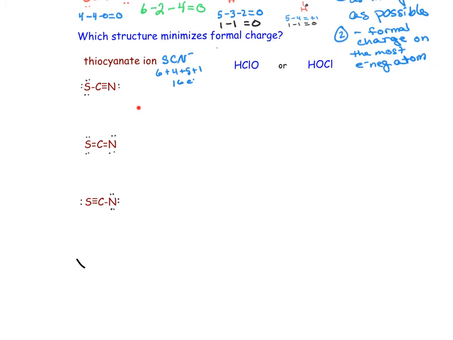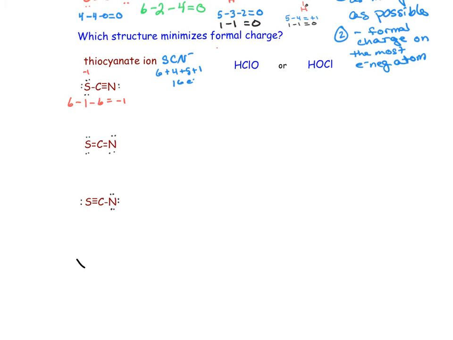So let's figure out how to do formal charge for each of them. I'll do the first one and then I'll let you do the later ones. So let's start with sulfur. Sulfur has 6 valence electrons, minus 1 bond, minus 6 lone electrons, sorry. And so that turns out to be a -1.